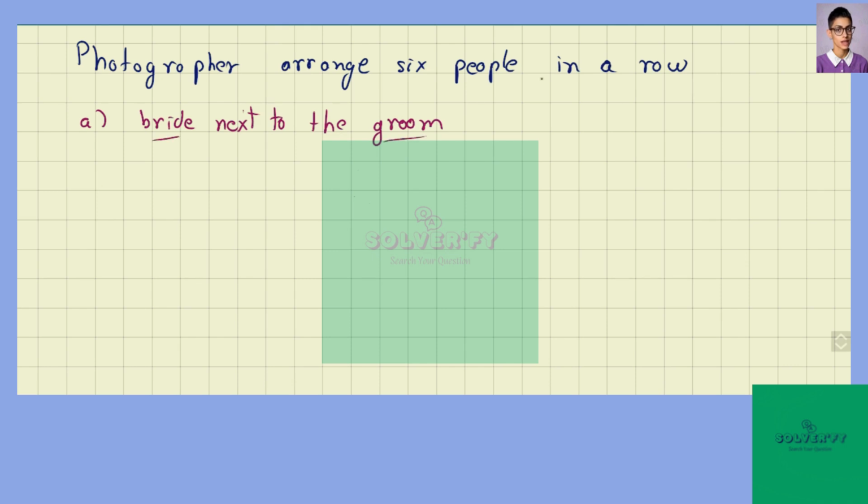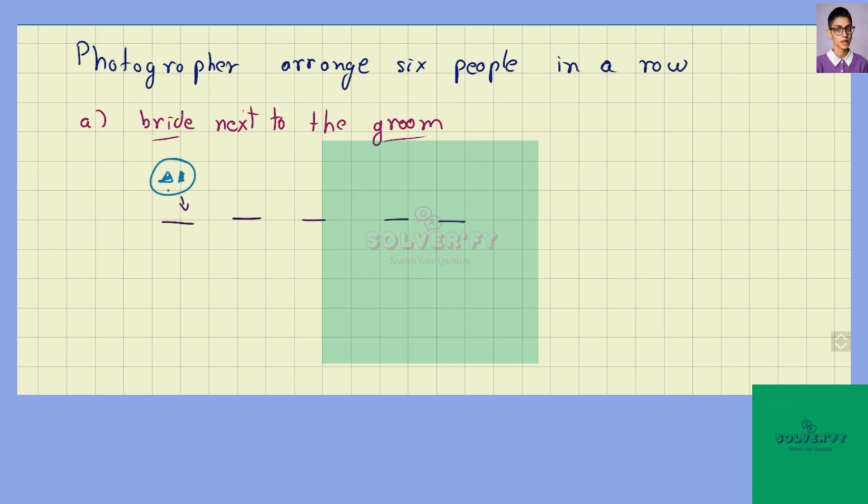For that we're going to consider the bride and the groom as a whole, as one element. That means that we are going to have five places where we are going to locate the people, and one of those positions is going to contain this pair of bride and groom.